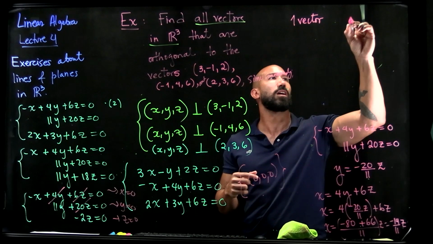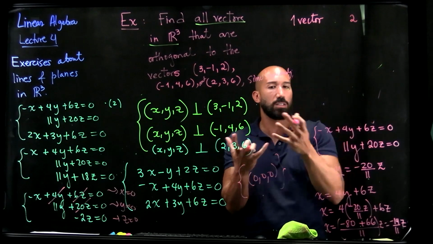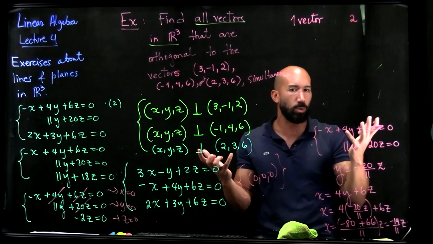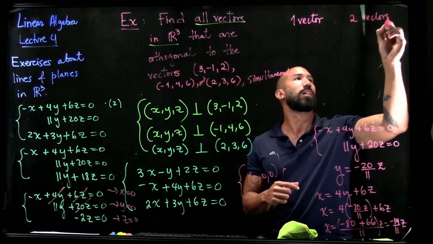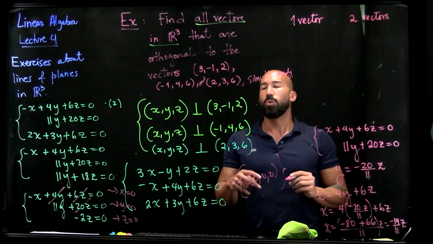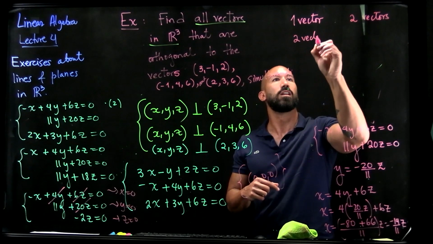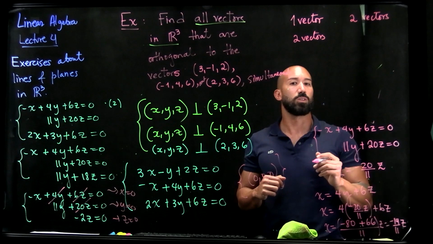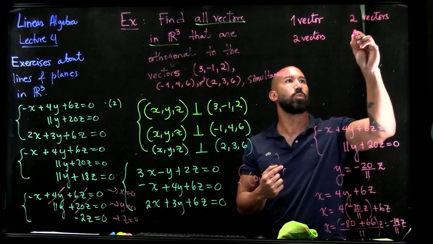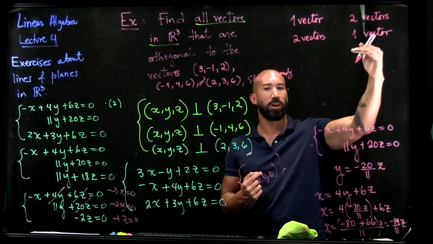Yes or no? If we get the parametric equation of that plane, we just need two vectors. Yes or no? When I gave you two vectors here, the solution to this problem was a line, so we just need one vector here. Can you see the pattern?